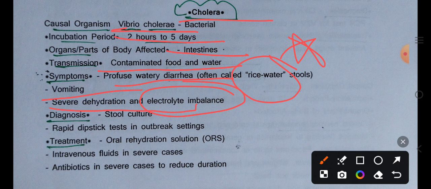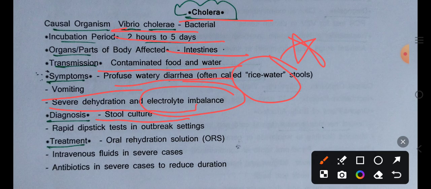These are the chief symptoms of cholera. Then diagnosis: stool culture and rapid dipstick test in outbreak settings. Next, treatment: ORS, oral rehydration solution.